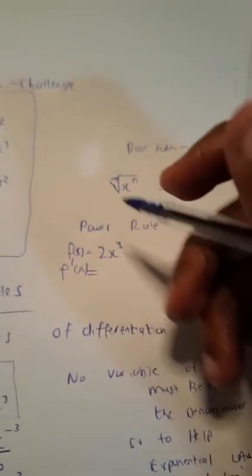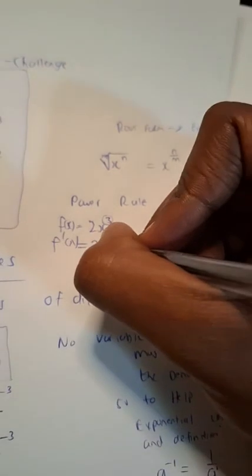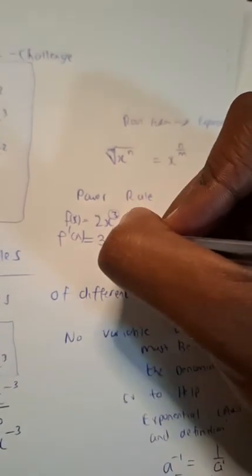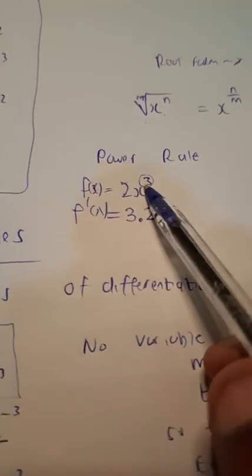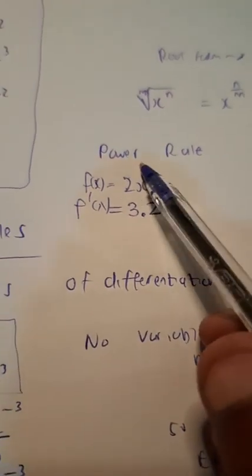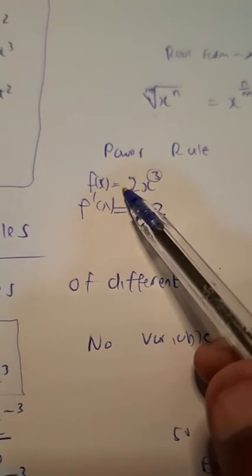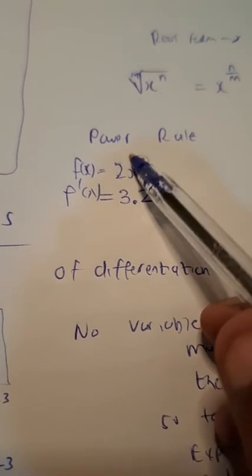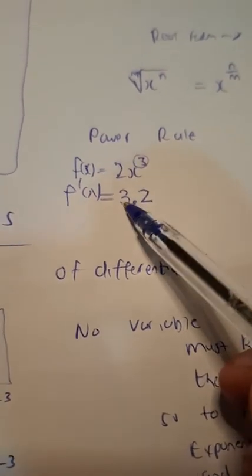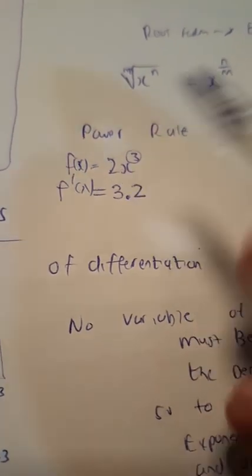Okay, so this here, guys, what we do is we take this exponent and write it as a coefficient multiplied by the present coefficient. So the exponent 3 comes down and gets multiplied to the current coefficient 2.